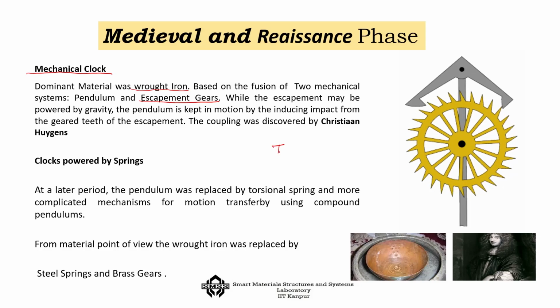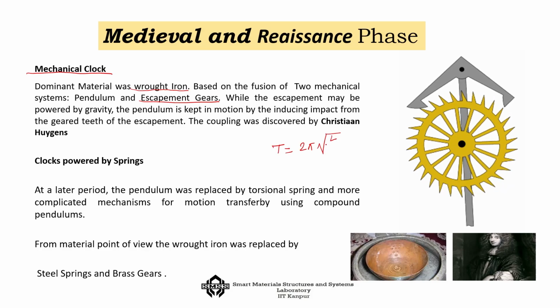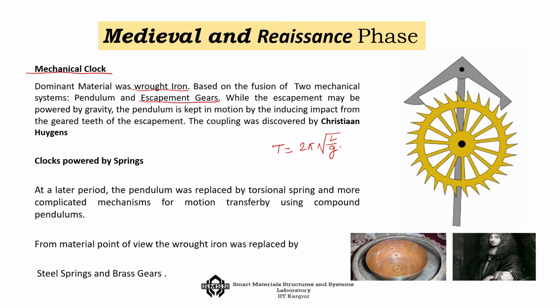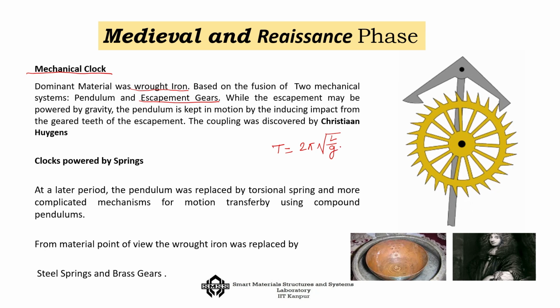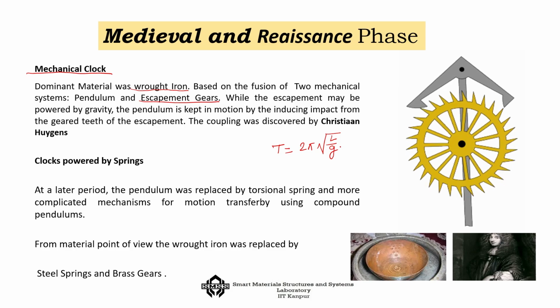Okay. You note here that this part is actually the wrought part, and there is an end mass here, right. And we also know that, though this is an inverted pendulum, the time period T would be 2 pi square root of L over g. So that means the end mass does not actually play any other role, just to run the mechanism.